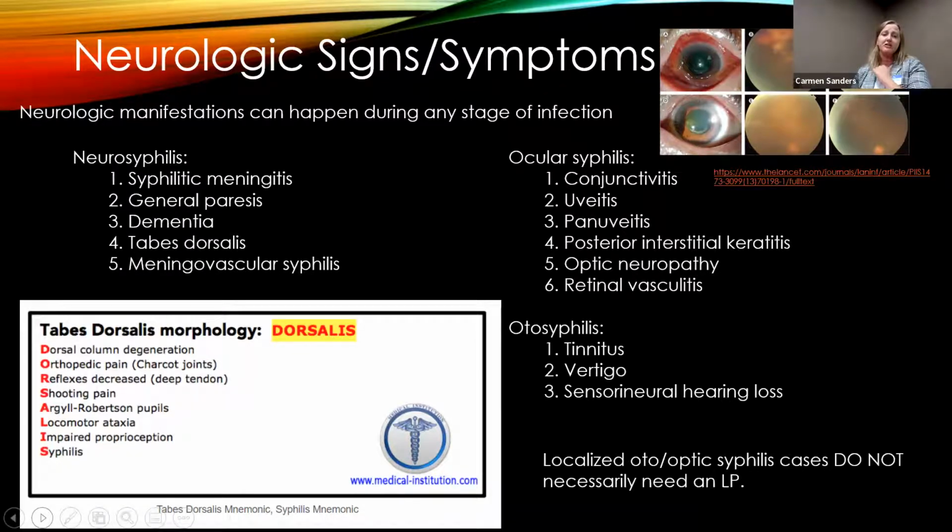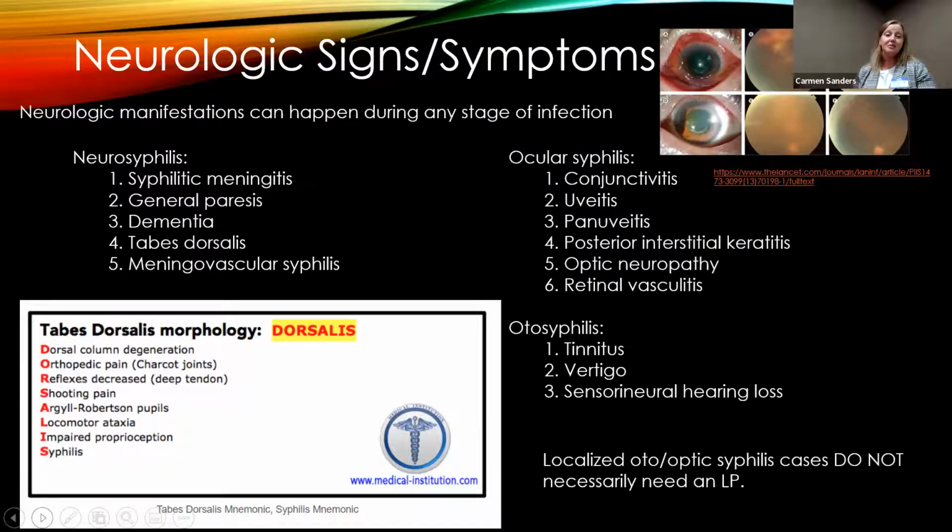The tabes dorsalis morphology is actually kind of a syndrome. It's stacked with all kinds of different symptoms. You'll see the nerve degeneration in the dorsal column of the spinal cord. So it affects movement, memory, things like that. Orthopedic pain. You'll see those deep tendon reflexes, when they take the little hammer to your knee, your leg doesn't move much.